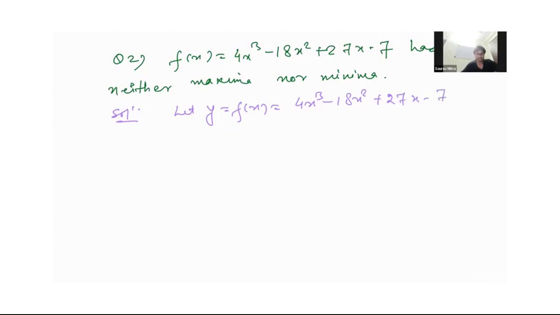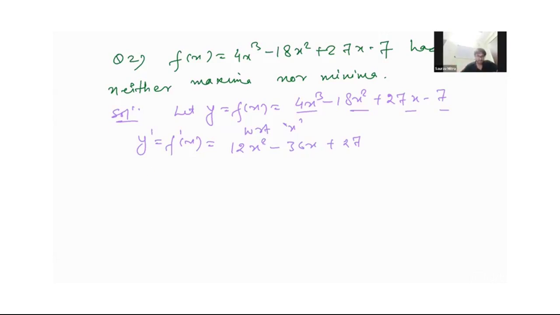What we will do? Differentiate with respect to x. So this will be your y dash or dy by dx is equal to, now differentiate all this with respect to x. So we have 12x square minus 36x plus 27.